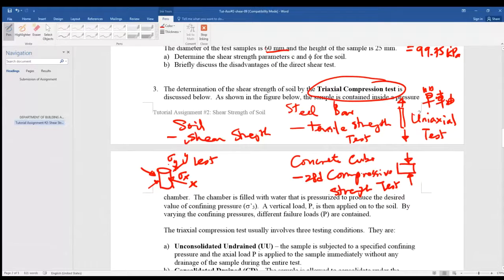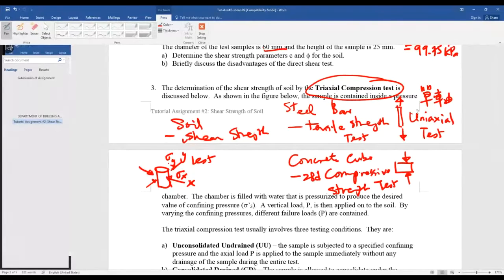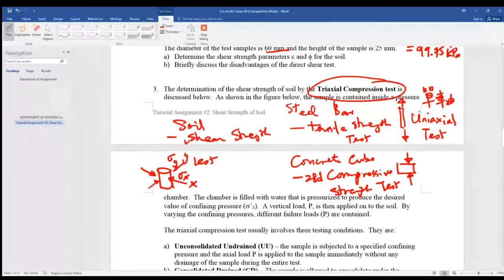So in X direction and Y direction. And then you apply the sigma Z, okay?